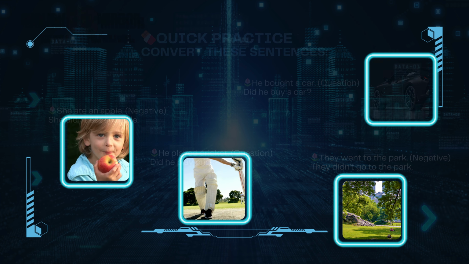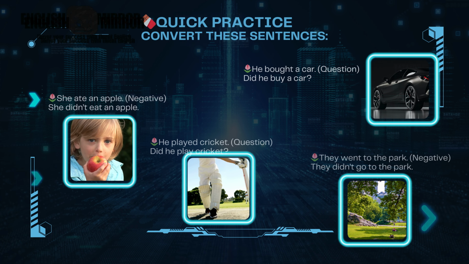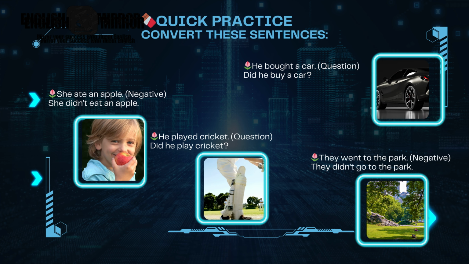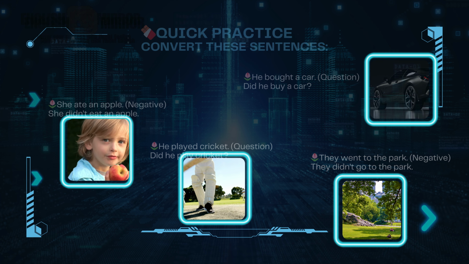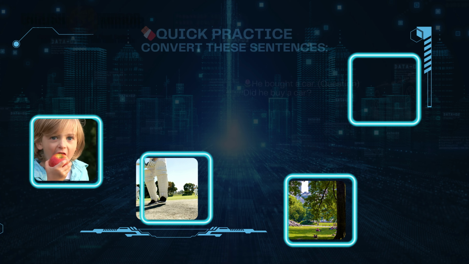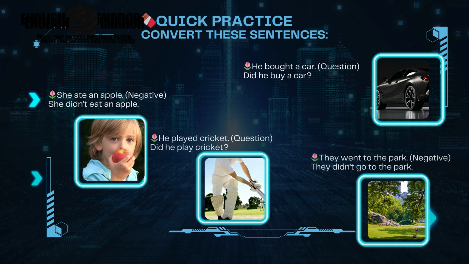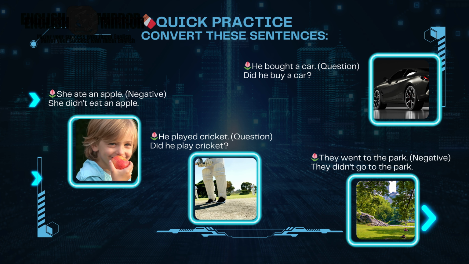We have to convert it into a question. We have to start with did: did plus subject plus V1 form. Then the sentence becomes, did he play cricket? The next sentence is, they went to the park. We have to convert it into a negative sentence. They didn't go to the park. They is the subject, did plus not is the usage and go is the V1 form.